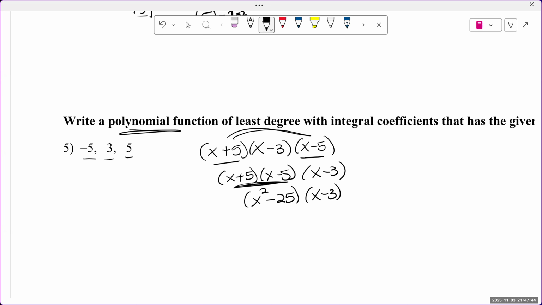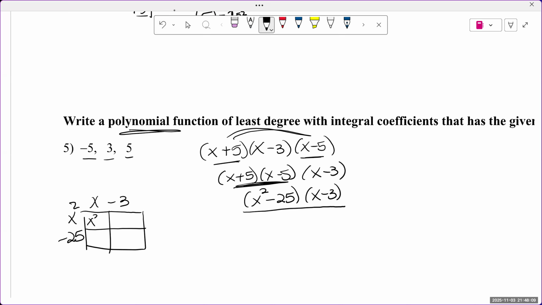Okay, so we're just going to multiply them together. If you want to do these two first and then take the answer and multiply by the x minus 5, that's fine too. Okay, so I need to multiply this out. I have x squared minus 25, and x minus 3.